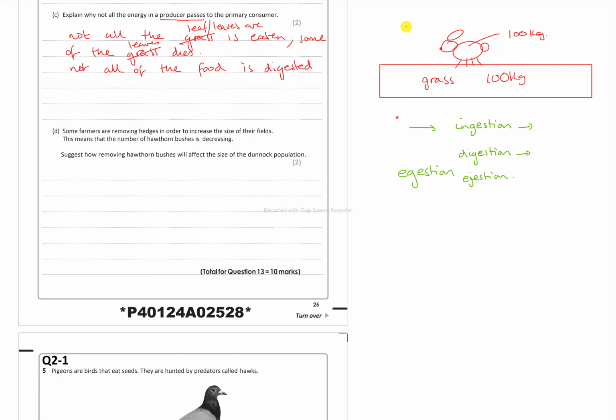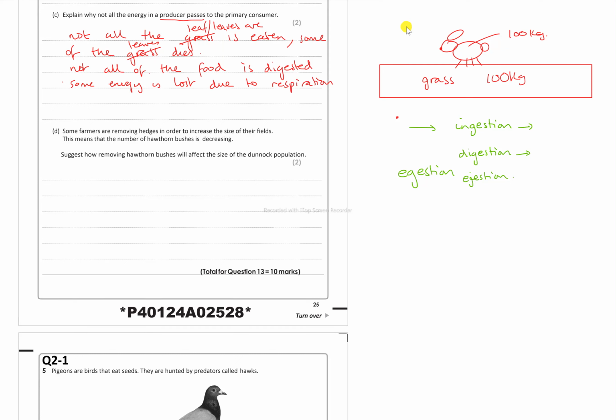So not all of the food is digested because you don't have the enzymes to break it down and absorb it. Some energy is lost due to respiration.